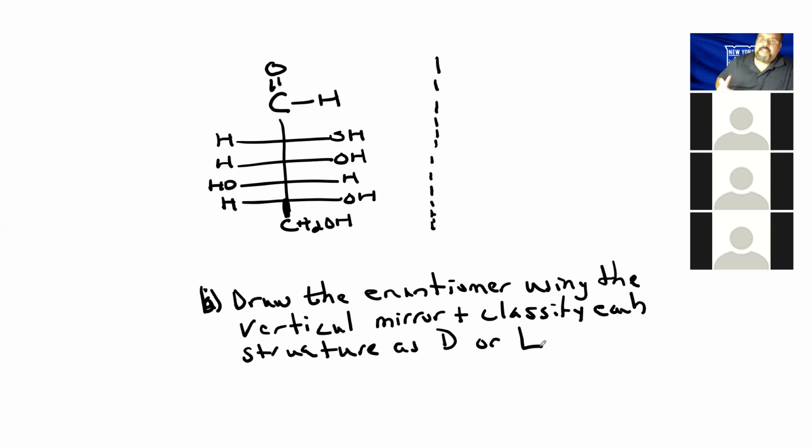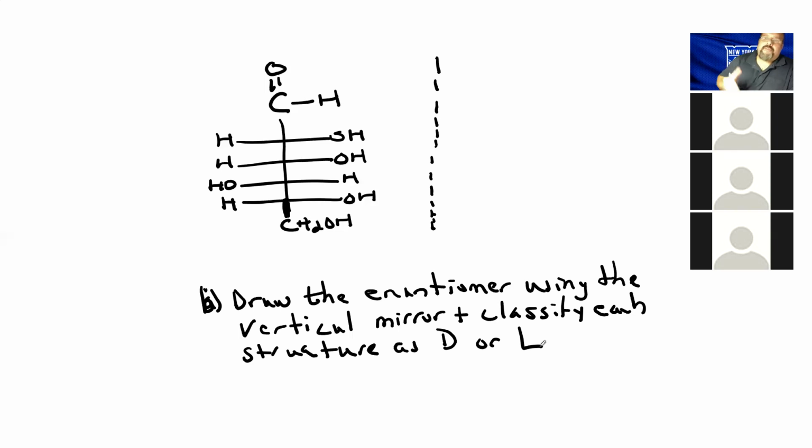The way we distinguish between the two enantiomeric forms is that one is the D version of the compound, the other is the L version of the compound.